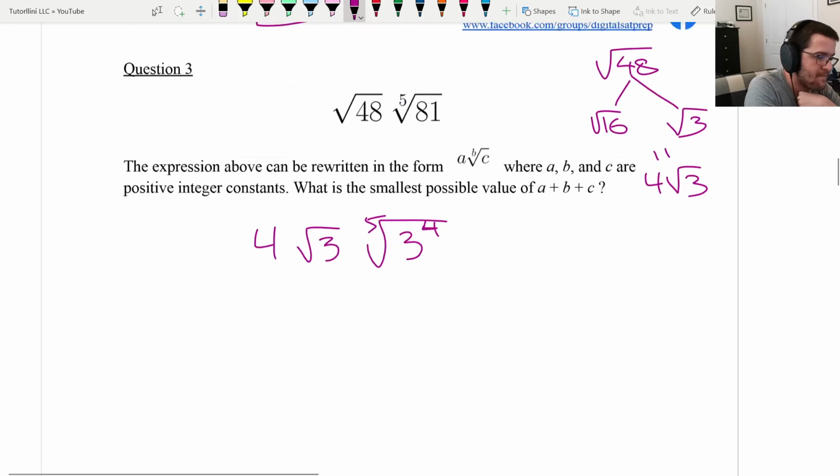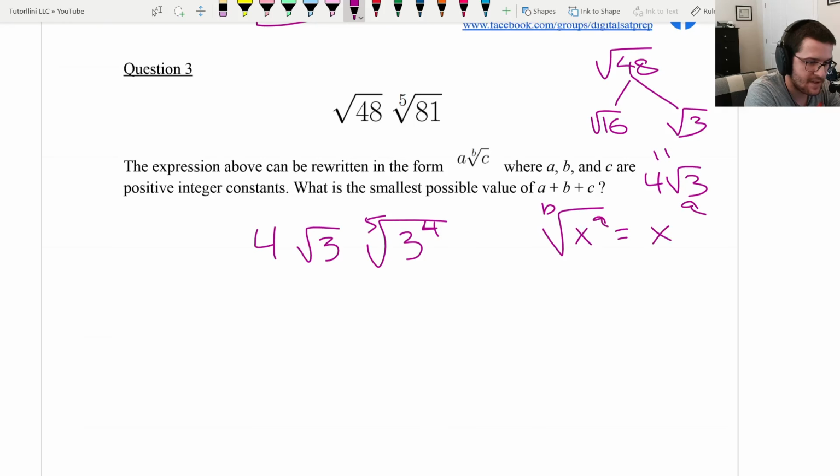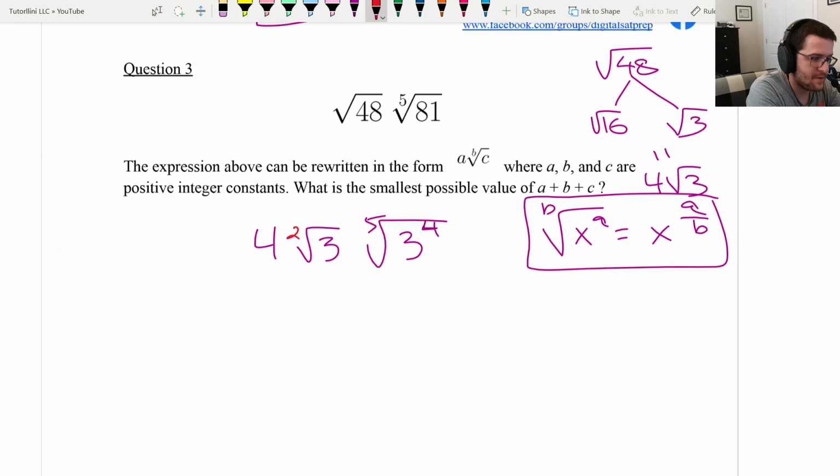Now what I can do is change these using the rule: the bth root of x to the a is equal to x to the a over b. So the implied root is 2 and the implied exponent is 1. So this is 4 times 3 to the 1/2 times 3 to the power over root, 4/5.